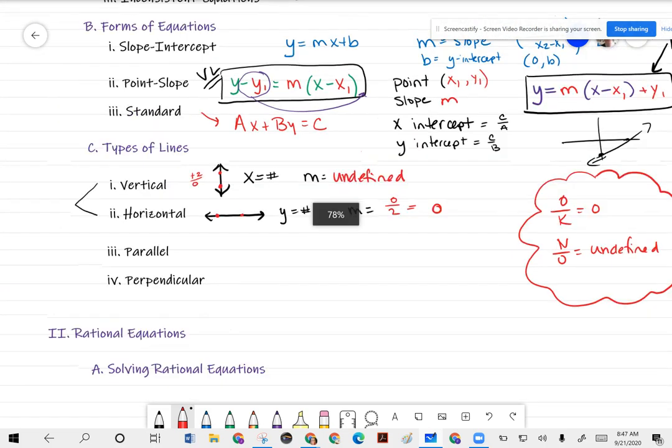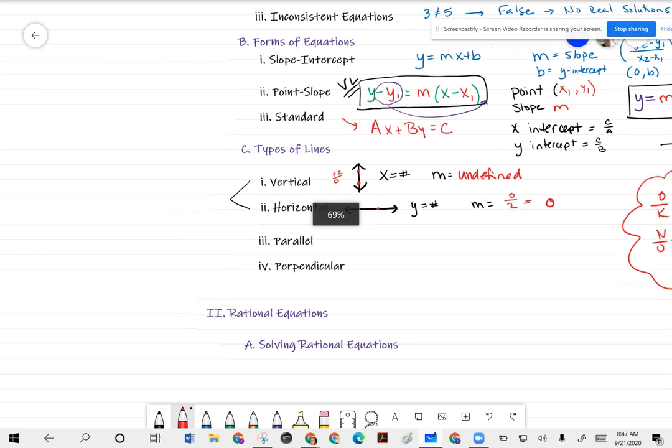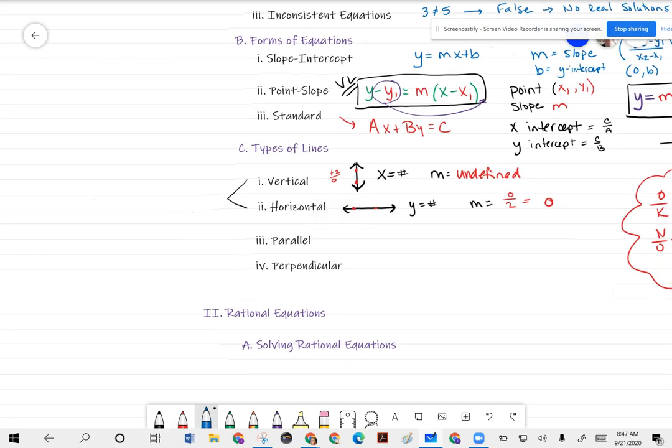And then there's another kind of acronym here, just real quickly, and it's called HOIVUX. All right, now that H stands for horizontal, the 0 is going to stand for the slope. So this is the type of line.